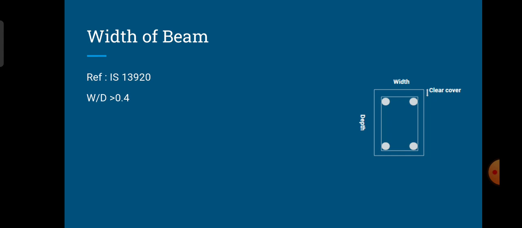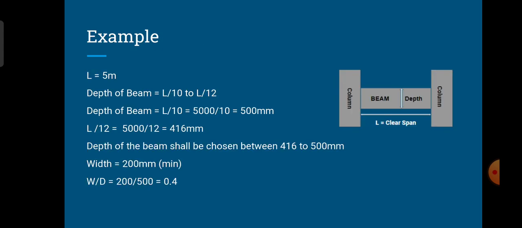So as per IS 13920, the ratio of the width of the beam to the overall depth of the beam is considered to be greater than 0.4. The codal provisions also mention that the minimum width of the beam is to be 200 mm. So minimum 200 mm should be the width of the beam. This is as per codal provisions.